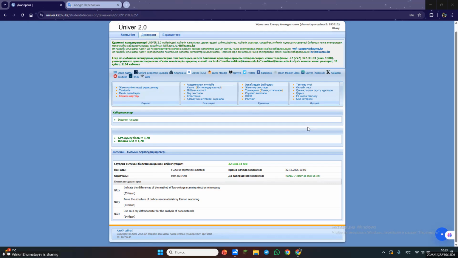If you have a liquid sample, can you use Raman spectroscopy? I don't know. Maybe we can't use it, only for crystalline samples.